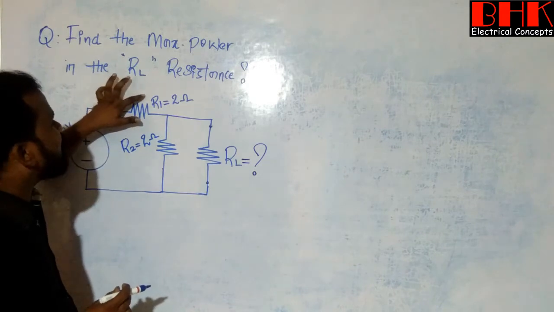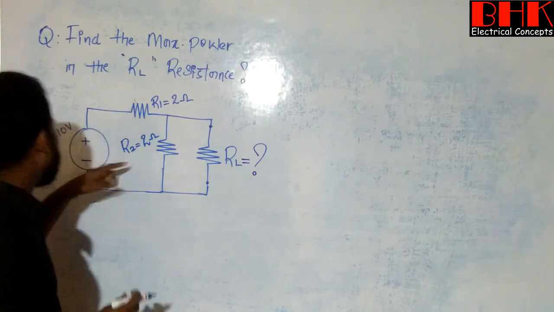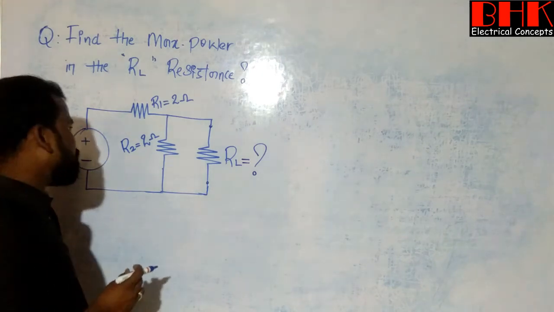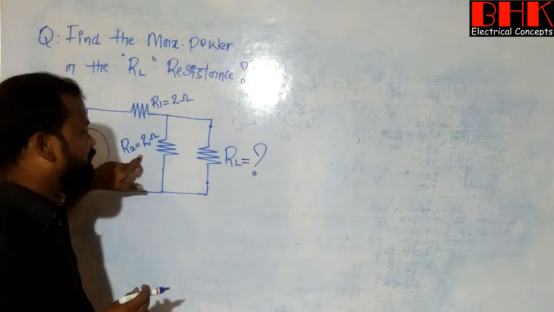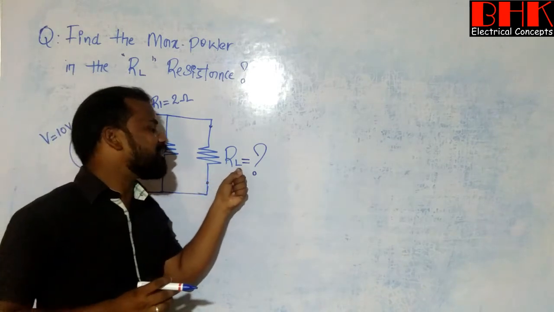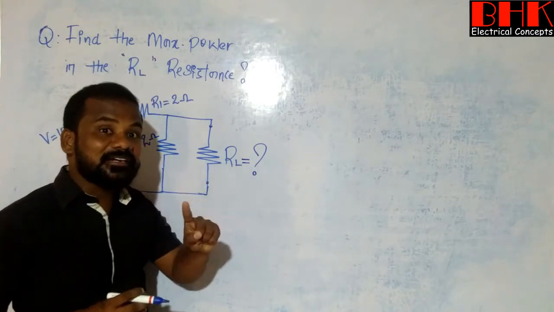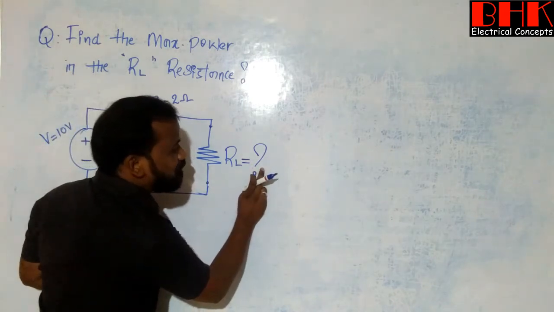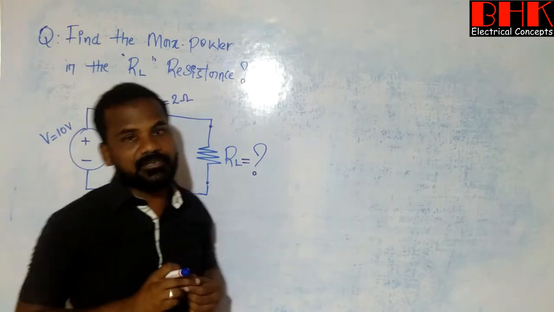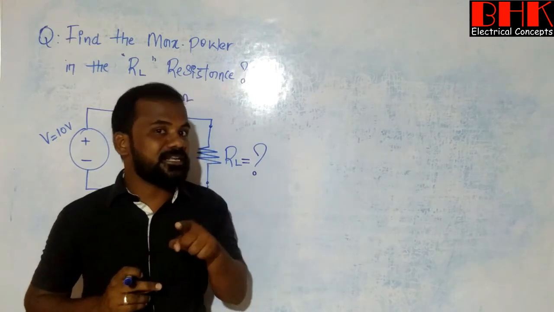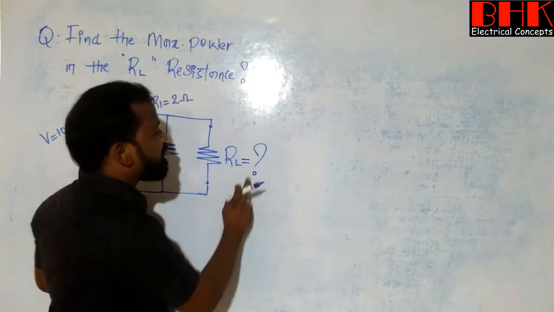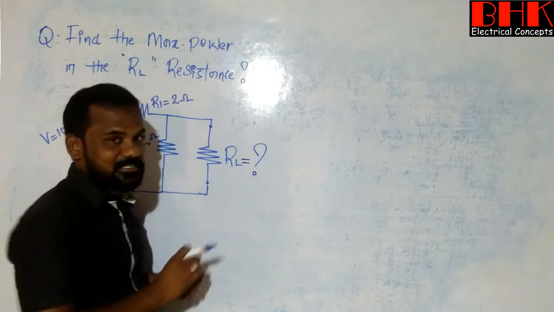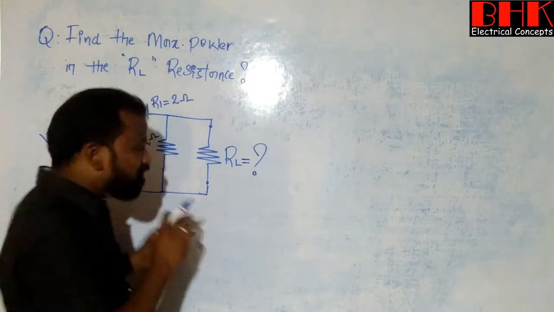We know the values of R1 and R2, and we have a voltage of 10 volts, but we don't know the value of the load resistance RL. But we have one procedure to find the value of the load resistance: by using Thevenin's theorem, it is possible to find the maximum power. Let's see how it is possible.